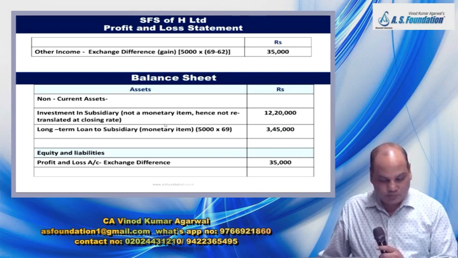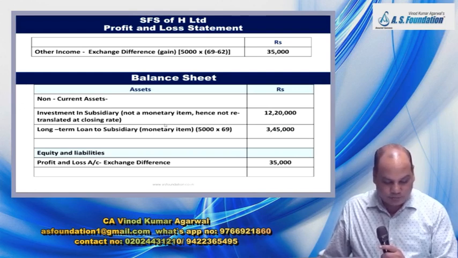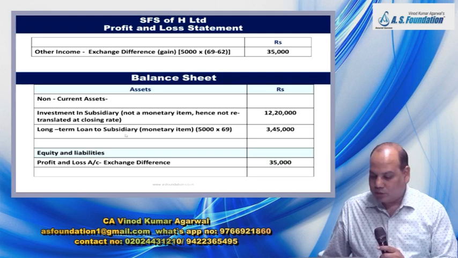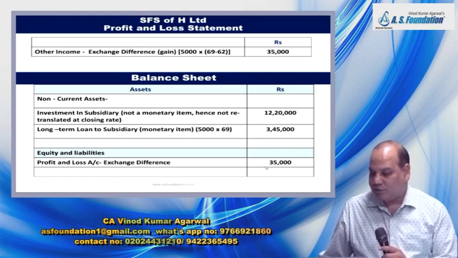So what is the rate at which it was acquired? 12,20,000. It will remain that only. But long-term loan to subsidiary is a monetary item: 5,000 into 69, 3,45,000. Equity and liabilities: P&L account exchange difference 35,000.